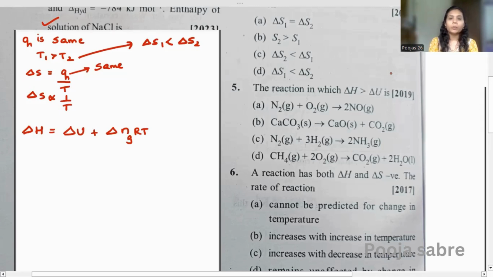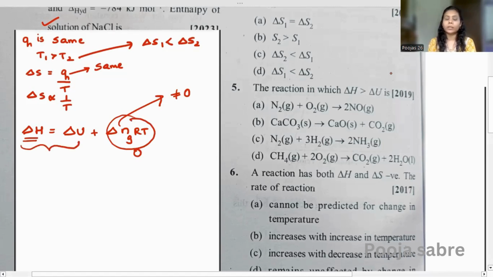Now, what have we been asked? That delta H is greater than delta U. So delta H is greater than delta U when this term is not equal to 0. If this delta n becomes 0, then this entire thing becomes 0, and delta H will be equal to delta U.